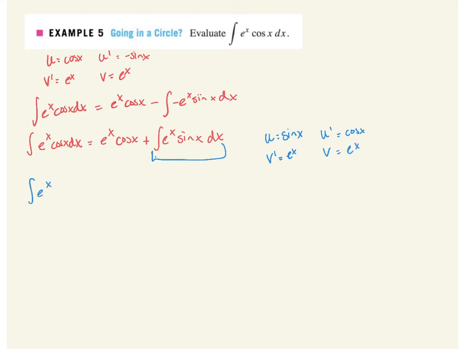So integral of e to the x cosine x dx equals e to the x cosine x plus e to the x sine x minus integral e to the x cosine x dx. Okay, so there's that complete circle, and what I mean by that, right here is what we started with.